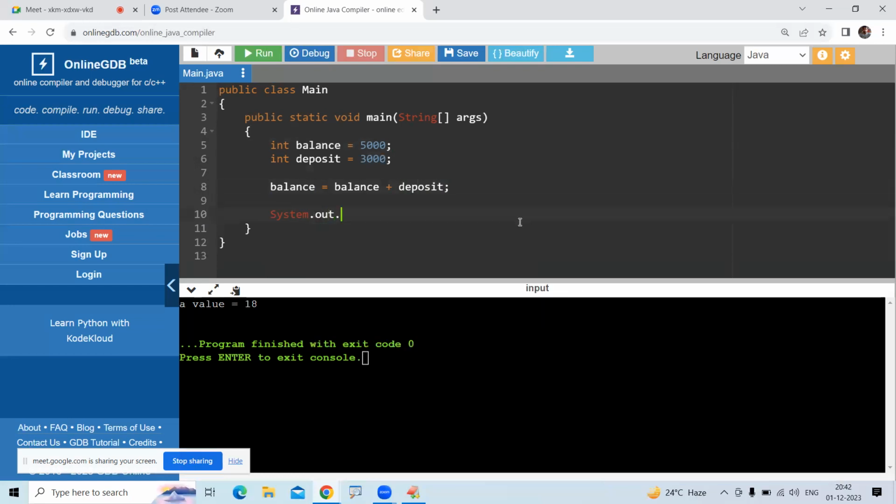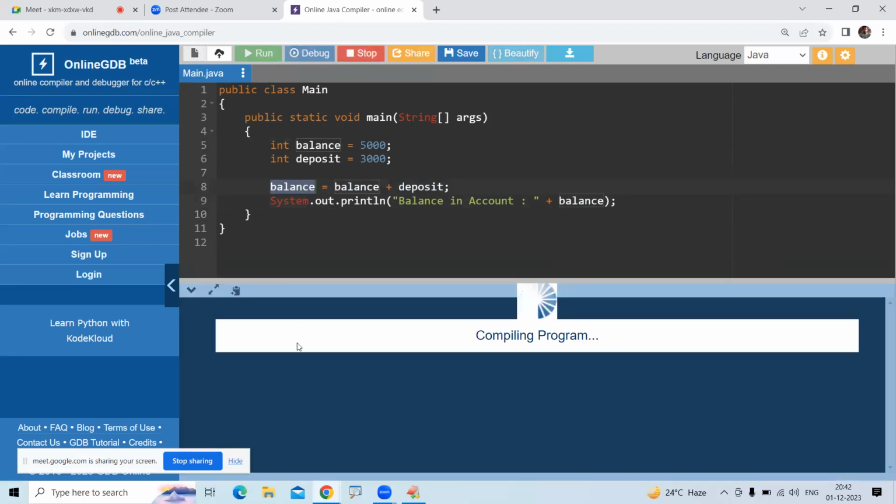Then when you are printing the balance in account, it is just the balance printing. What is the output? Balance is 5,000. 5,000 plus 3,000, 8,000 rupees will be stored into balance. So the balance of 8,000 rupees will print.